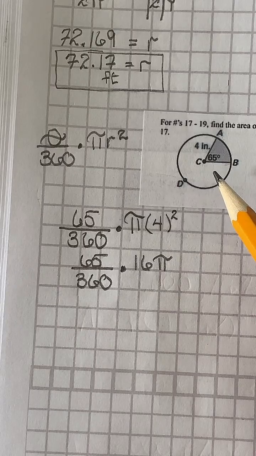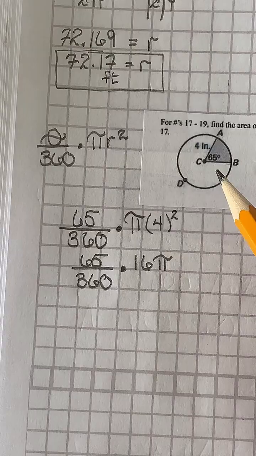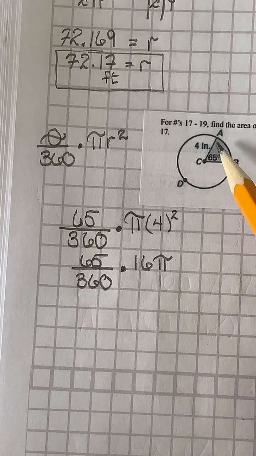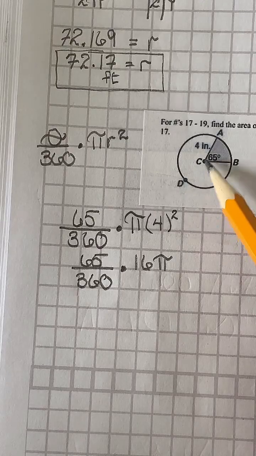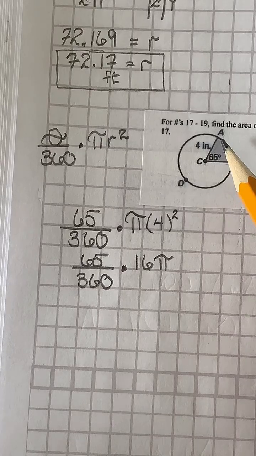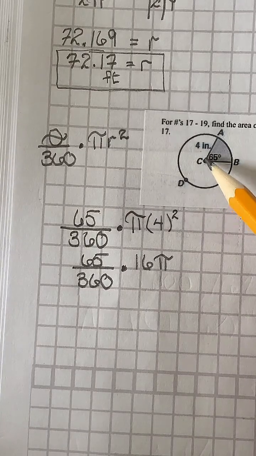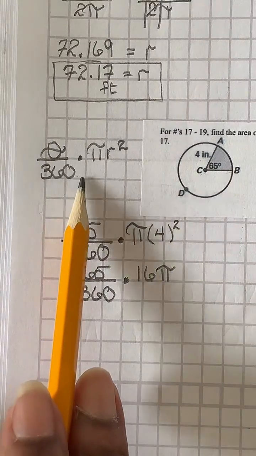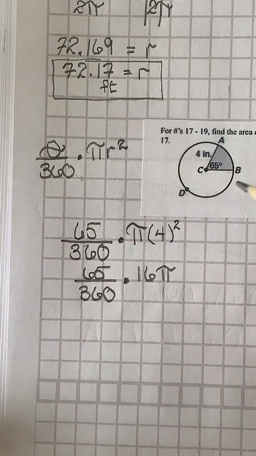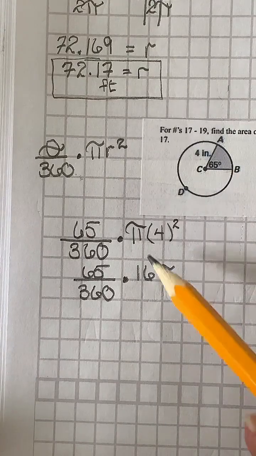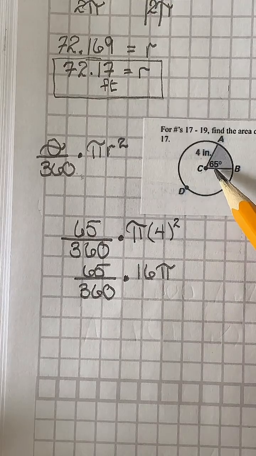Okay, so were you here for the beginning part? Probably not. So, we're looking at the radius of the circle from the center point to a point that is on the circle. They're giving it to me as 4 inches. So we're using this formula to figure out the area of the shaded region. So that means we have our central angle, which is 65 degrees.